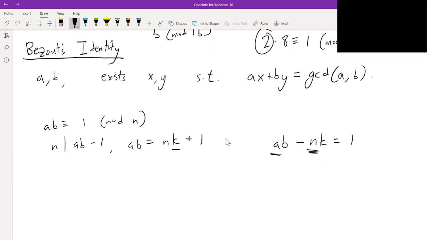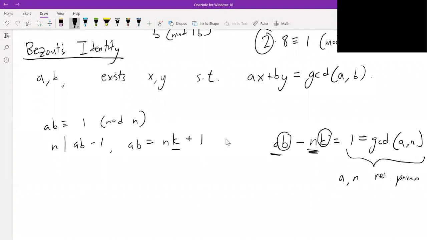So we know a and n. By Bezout's identity, there exists this value b, and there exists this k, both integers, where this is true. And because of Bezout's identity, we know that this 1 would be equal to the greatest common divisor of a and n. When this condition is satisfied, we call a and n relatively prime, or co-prime.